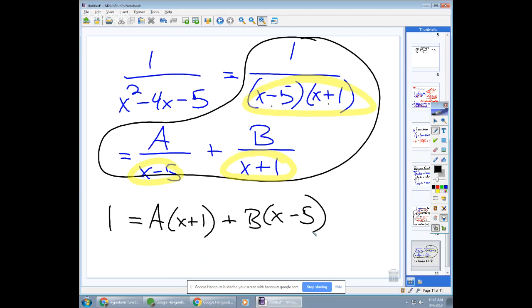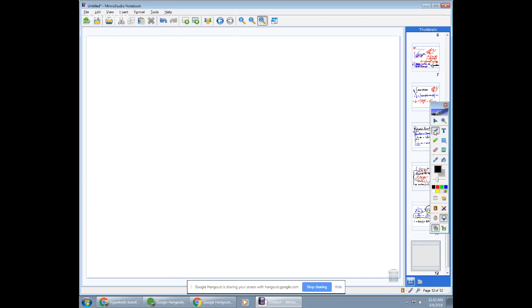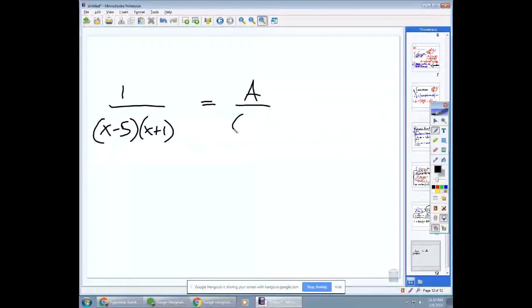Yes, William? I'm multiplying this fraction right here by its denominator, so it cancels. Okay, I'll write that out in more detail. I have 1 over x minus 5 times x plus 1 is supposed to be equal to A over x minus 5 plus B over x plus 1.